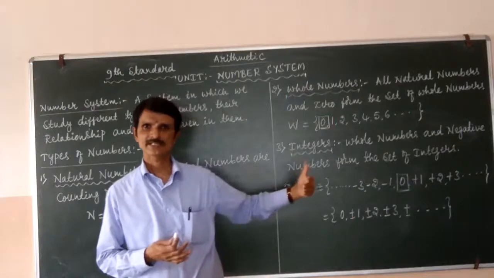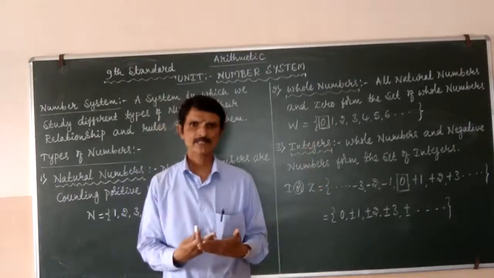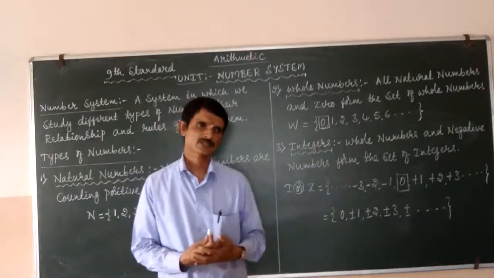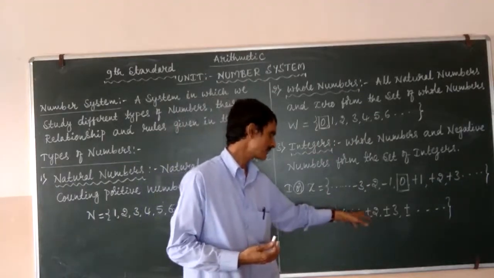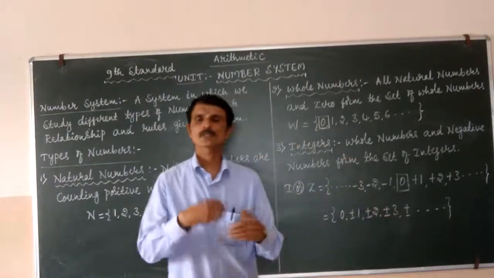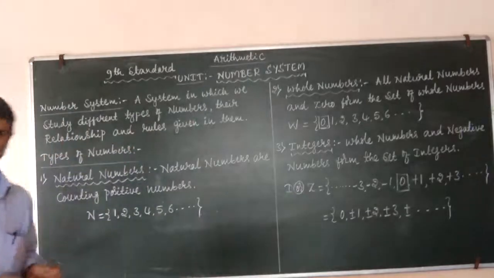Therefore, the set of integers includes natural numbers, 0 and the negative numbers. This can be written as 0, plus or minus 1, plus or minus 2, plus or minus 3, plus or minus 4, and so on.